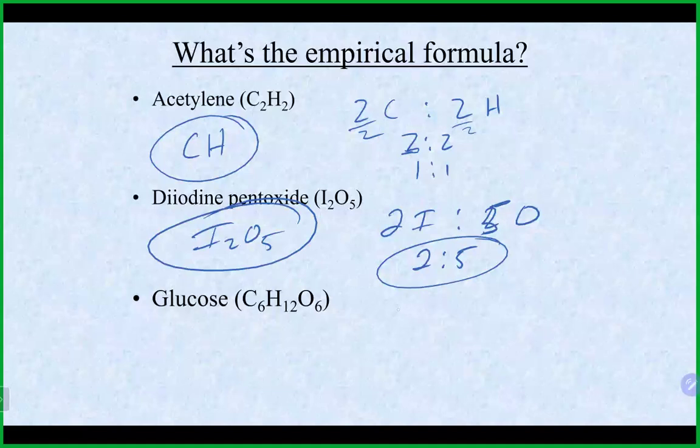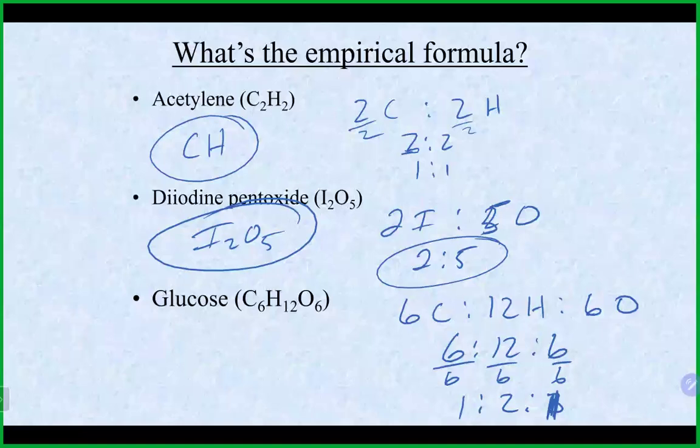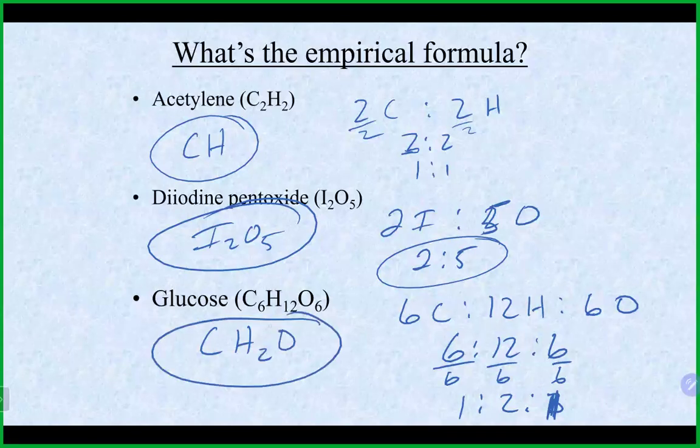Lastly, we have 6 carbons for every 12 hydrogens for every 6 oxygens. That's a 6 to 12 to 6 relationship. Here we can divide everybody by 6 and get a 1 to 2 to 1 relationship, which gives us CH2O as our empirical formula.